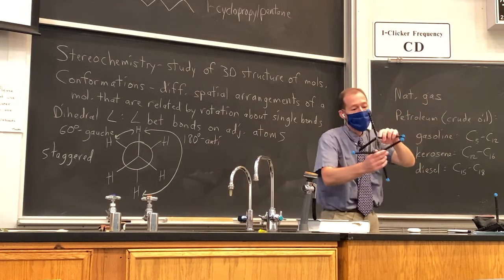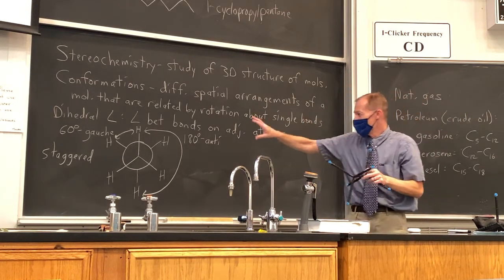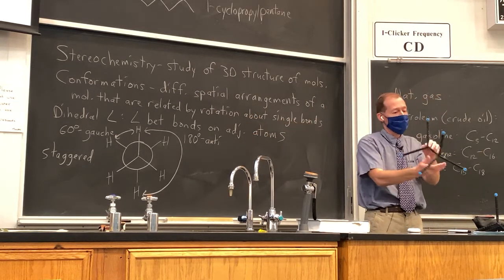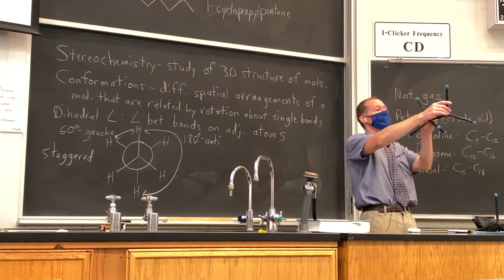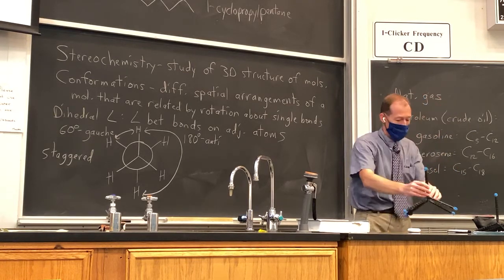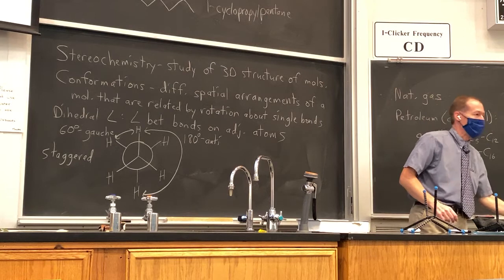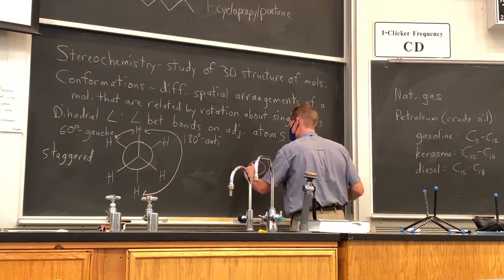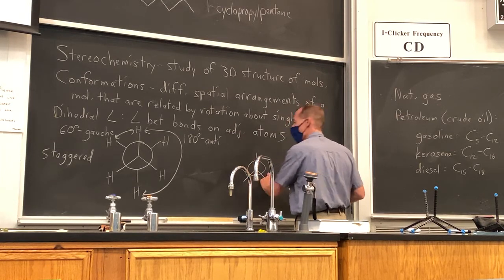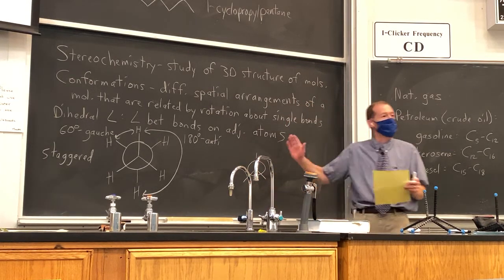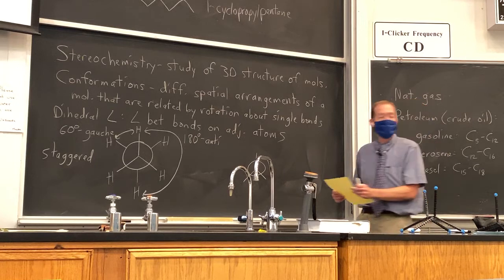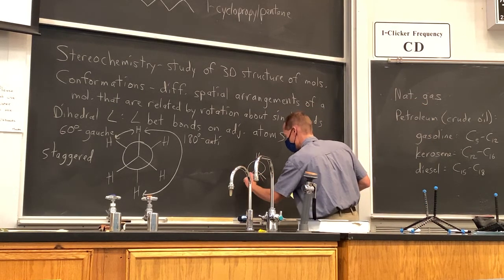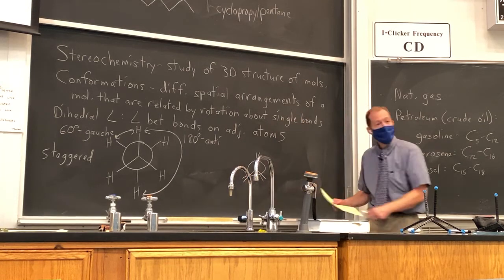All right, so the staggered conformation, where we have these 2 dihedral angles, is one of the 2 most important conformations of ethane. The other one is known as the eclipsed conformation, where we have 0-degree dihedral angles. And we'll draw that one over here. That one's a little harder to draw because we wouldn't be able to see the hydrogens in the back if it was perfectly eclipsed. So we just kind of draw them off to the side a little bit like this.